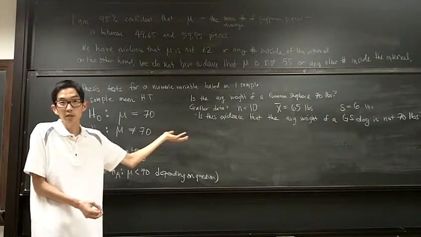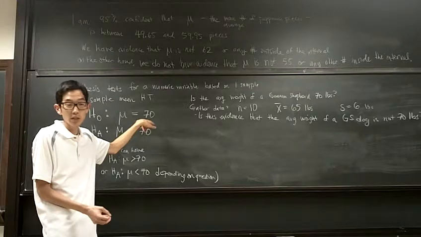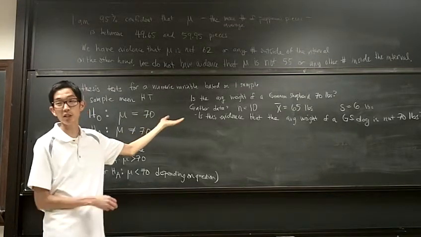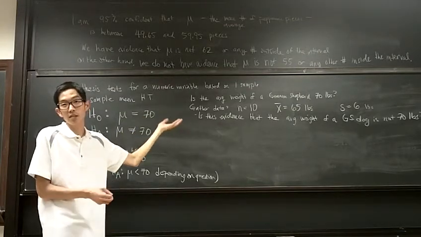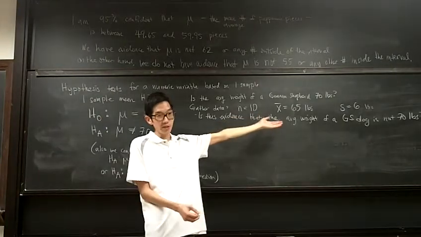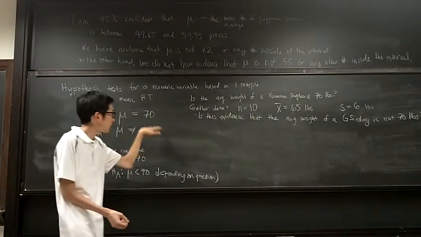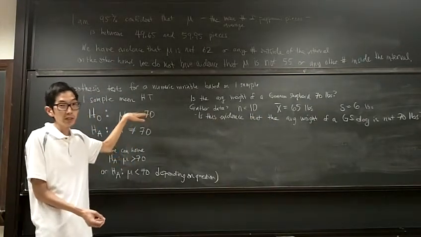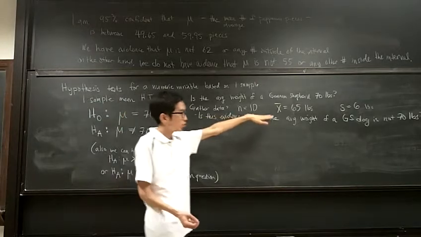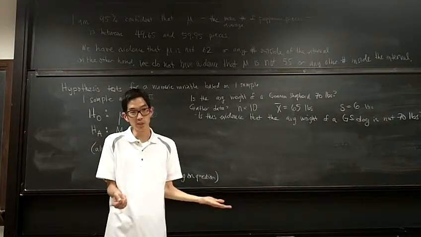I would expect my average to be 70 pounds if this statement were actually true. Now, of course, because of random chance, I might not get exactly 70 pounds. And today I got an average of 65. So the question is, is the difference between what I expected, 70, and what I got, 65, a big deal or not?